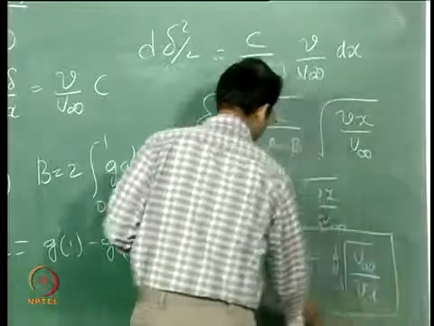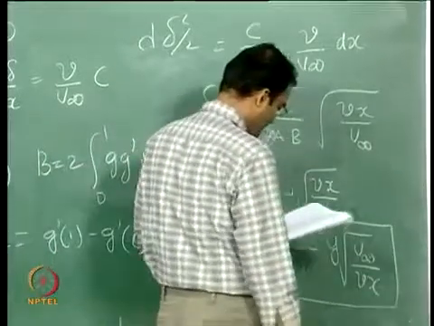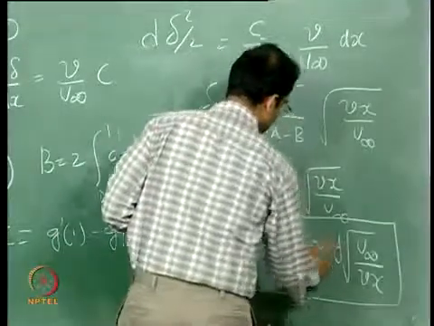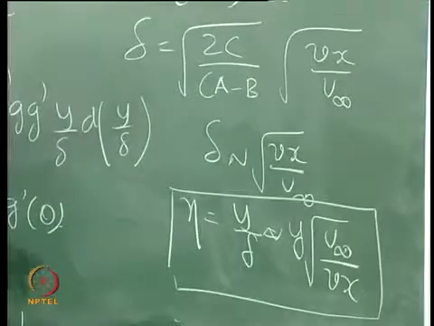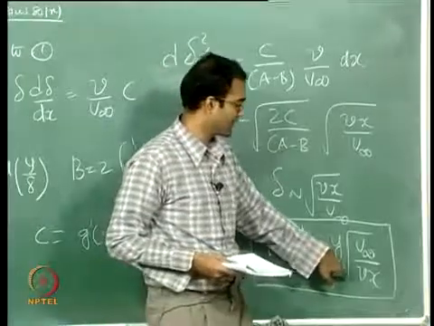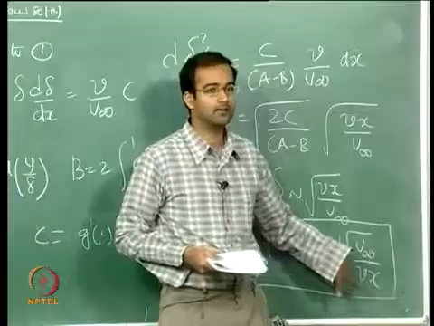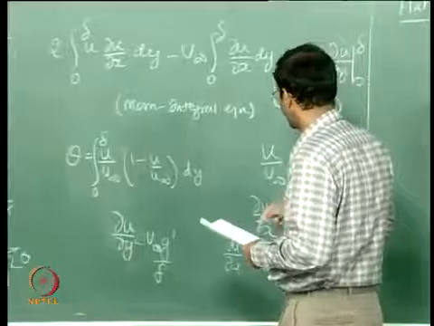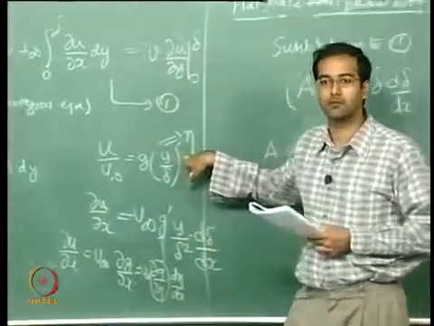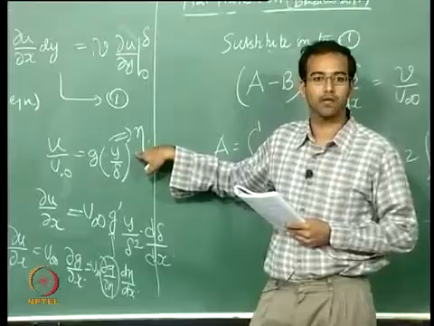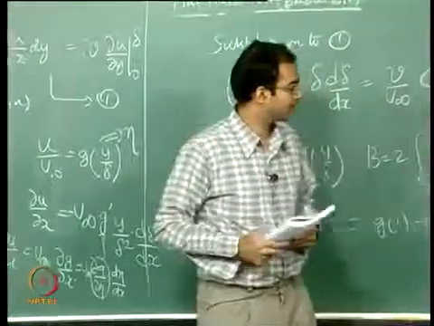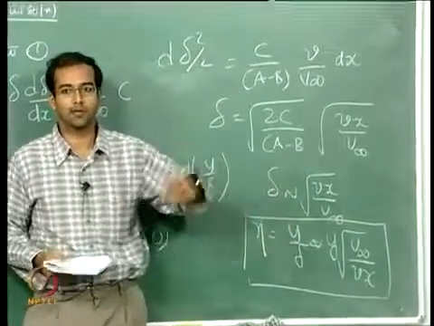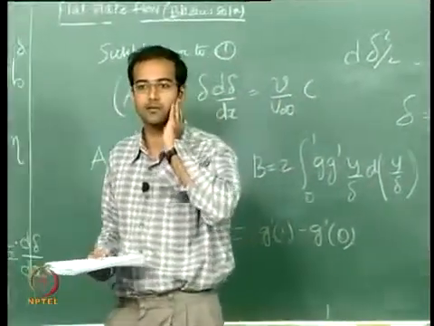Therefore this is my similarity variable, which is constructed as a function of both x and y. So now my u by u infinity is going to be a function of only eta, not of x and y respectively. The same result you can get by a very simple one step scaling process, which you can do yourself.